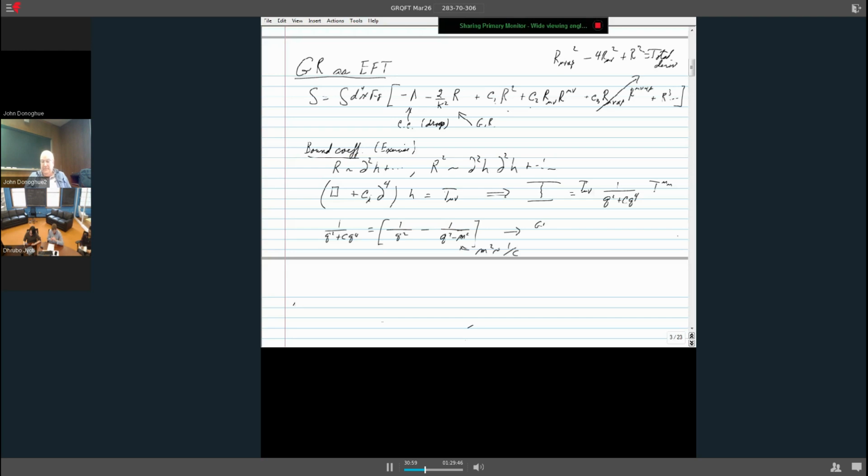Here the q squared compared to m squared is small. So the 1 over q squared comes. In fact, you don't change the overall factor, which is good because then you don't change the Newtonian. This goes into terms that look like G m 1 over r from that first piece, and the second piece is e to the minus m r.